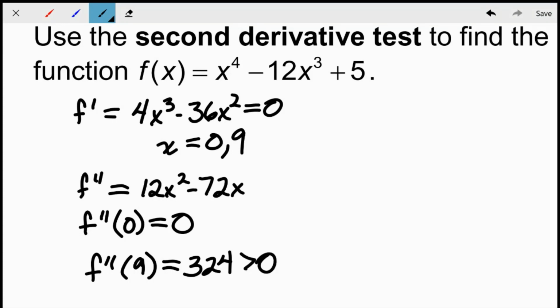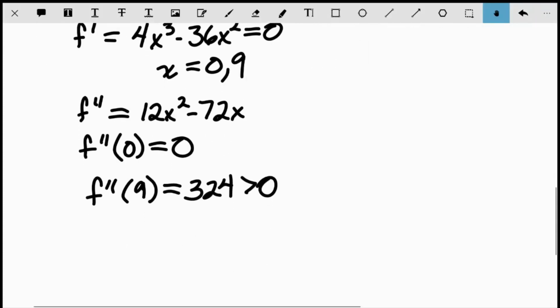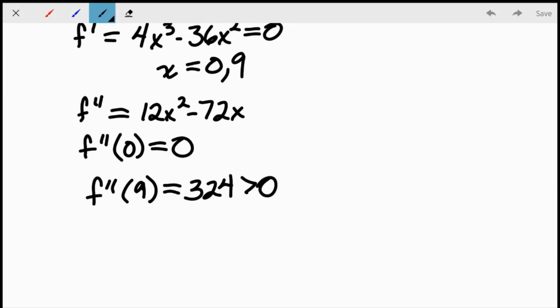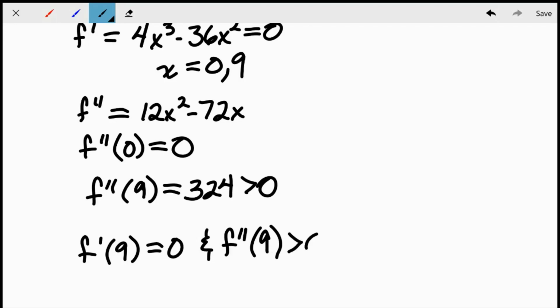So now in terms of the second derivative test, I'm going to show you how I would write out my justification. So I would say f prime at 9 is equal to 0, and f double prime at 9 is greater than 0, or you can put the value, it doesn't really matter.